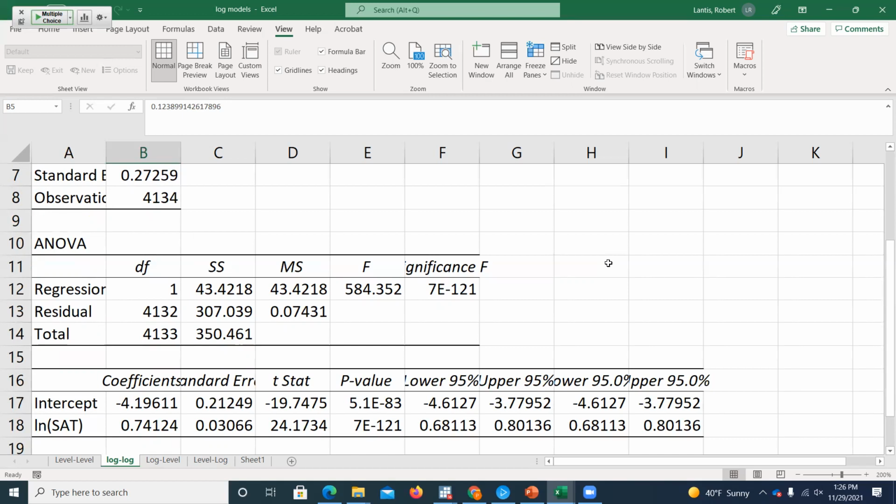Yep, so when we have both of them in log, everything's in percentages. So on this one, a 1% increase in the SAT score would lead to a 0.74% increase in GPA. So if it's log, everything's in percentages. We don't have to multiply or divide by anything.